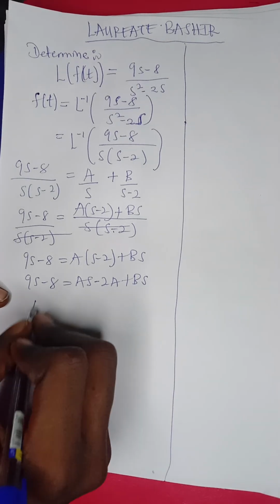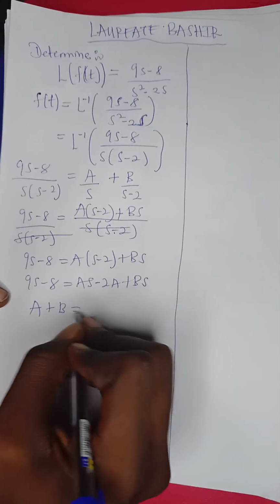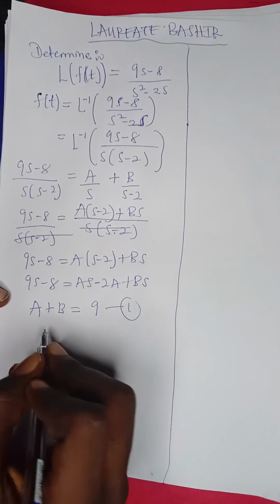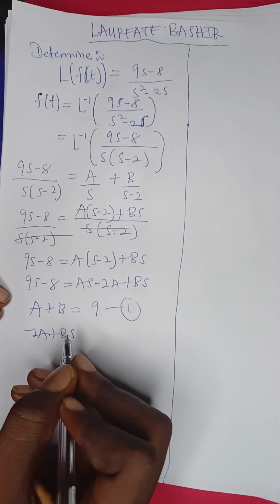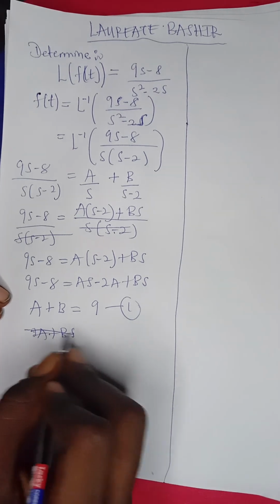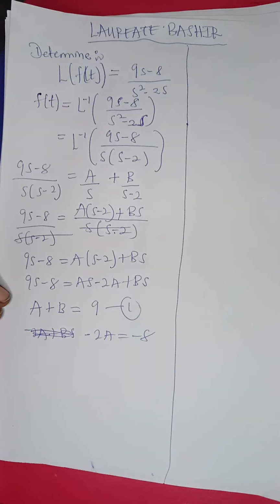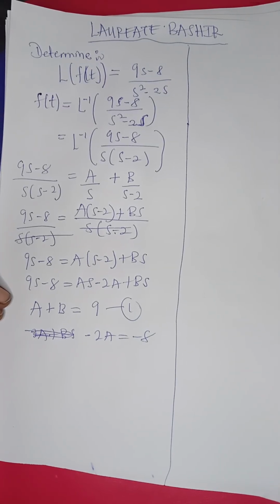A is having s, you have A, plus B is also having s, you have B, and everything equals 9, which is also having s. Equation 1: A plus B equals 9. Then those not having s: minus 2A equals minus 8. So just divide both sides by minus 2 to get your A.